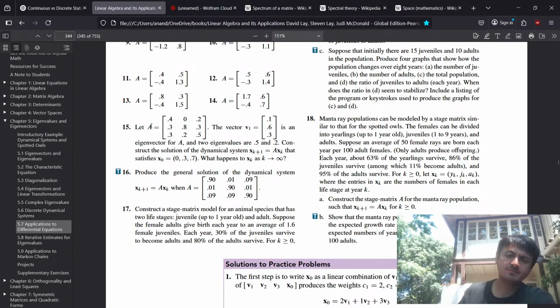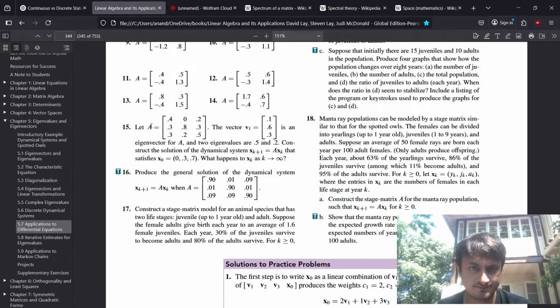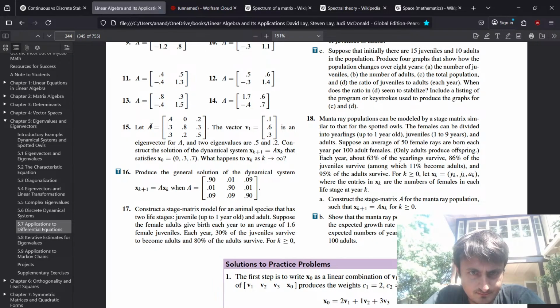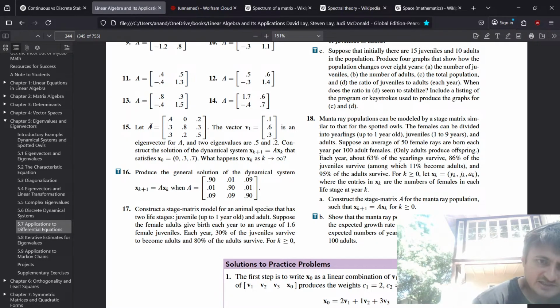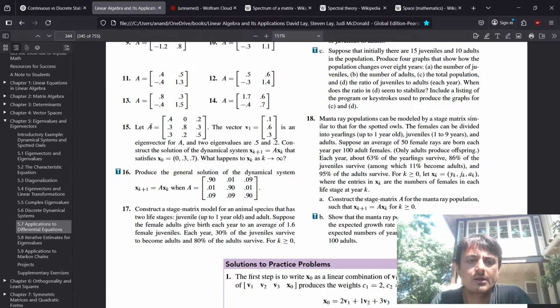Yeah. So this problem is actually interesting because they make it seem like you're not supposed to find the spectra yourself. Construct the solution of the dynamical system using a single eigenvector.